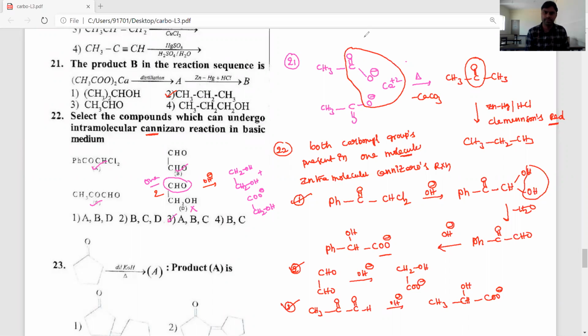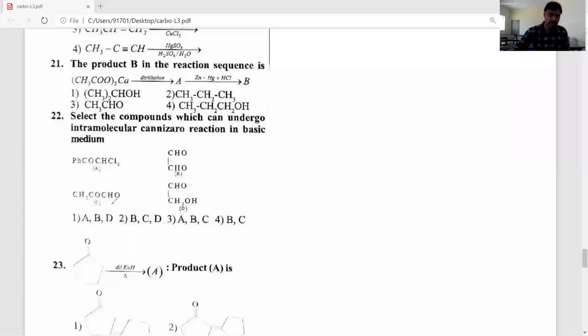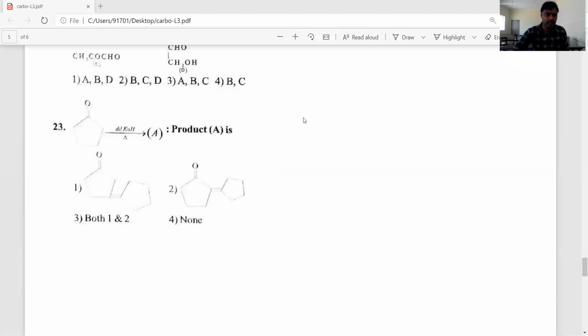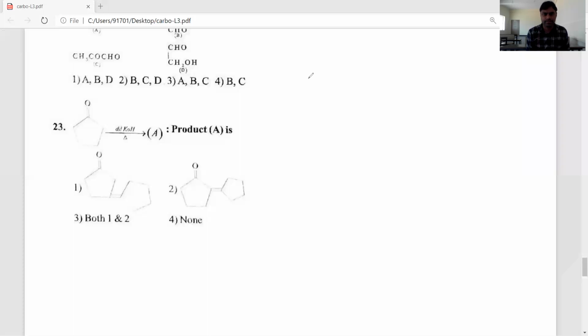Okay, students. Let's see the 23rd question. The 23rd question is aldol condensation reaction. See here, two alpha hydrogen atoms are present.